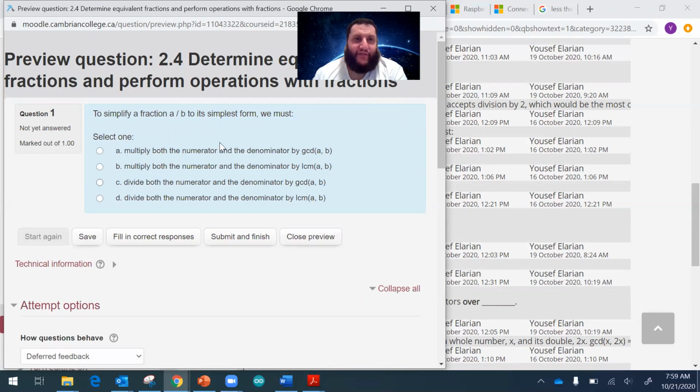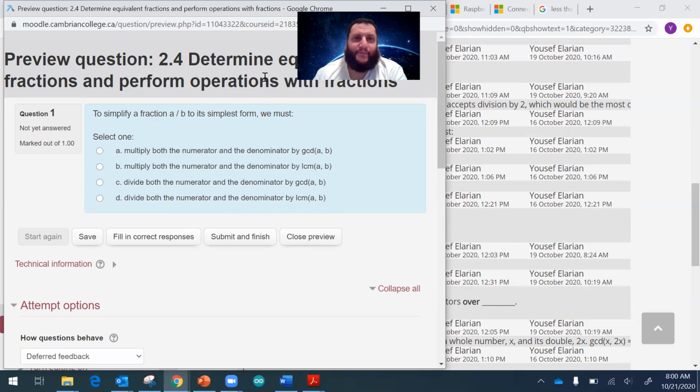To simplify a fraction a over b to its simplest form, we must multiply both the numerator and denominator by the GCD of a and b, multiply both the numerator and denominator by the LCM, which is least common multiple, or divide both by their GCD, or divide both by their LCM.